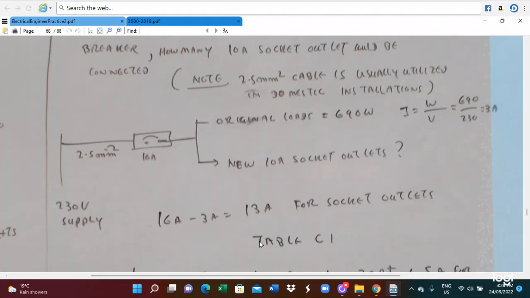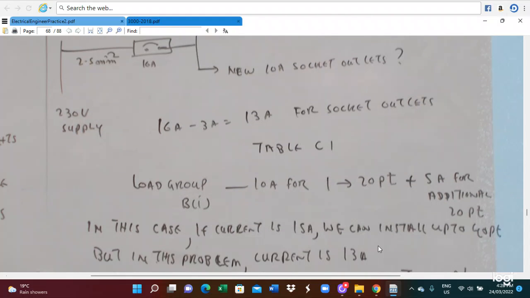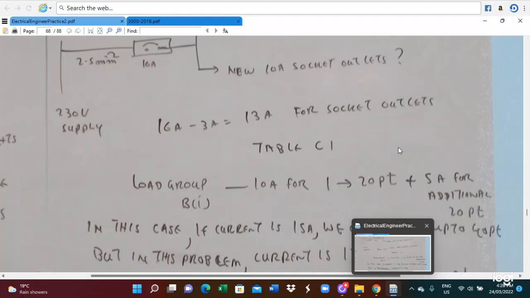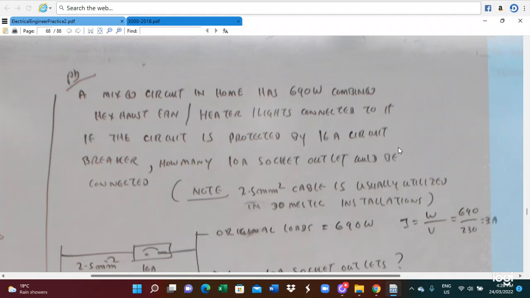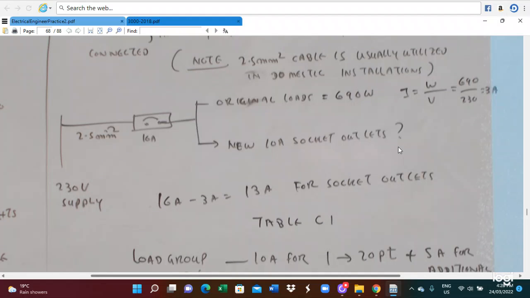So you refer to the table C1. In this case, this one is a domestic installation because of the 10 MVR socket outlet. This will be the domestic installation, so we refer to the table C1.